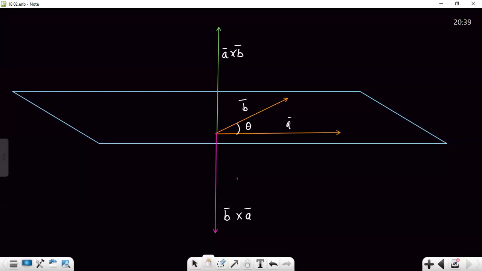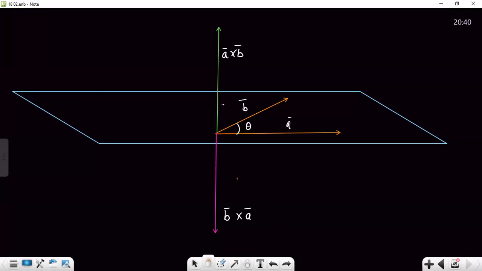If we are calculating A vector cross B vector, we have to curl our fingers from the first vector A to the B vector so that our fingers cover an acute angle. Not the big way, we'll try to follow an acute manner.